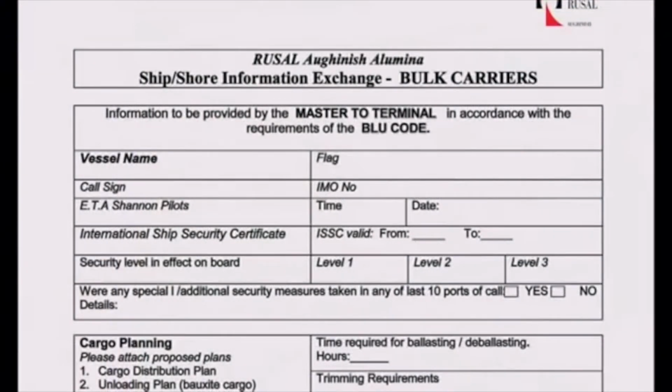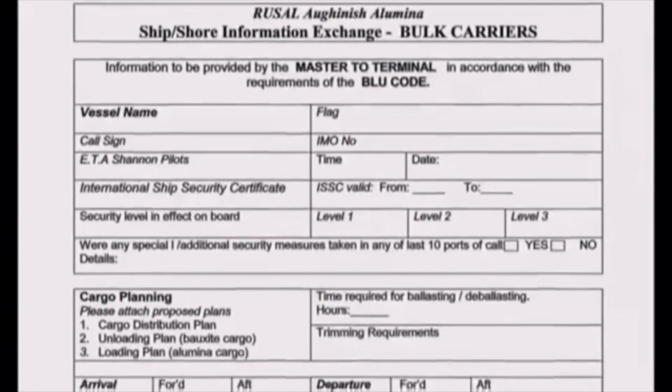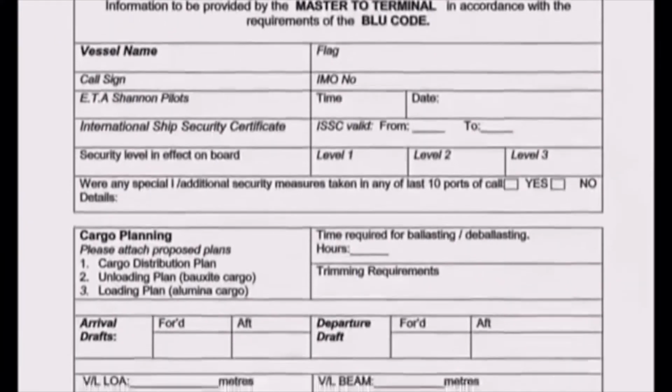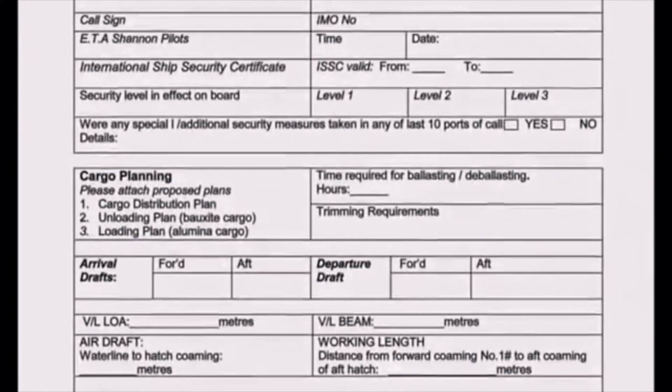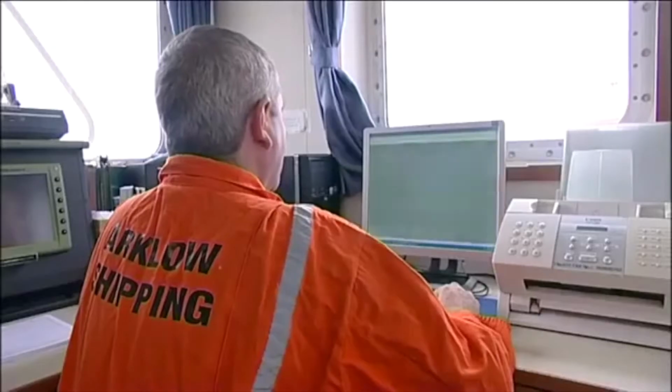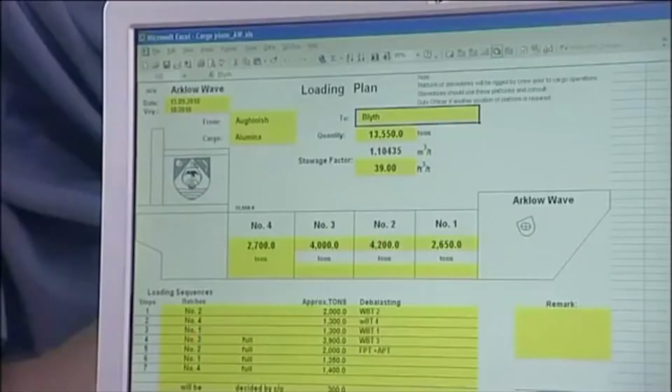As early as possible, the master should provide the ship's ETA and particulars, details of any ballasting or deballasting requirements, along with a preliminary loading or discharge plan. This plan should be prepared in a form such as that laid out in Appendix 2 of the Blue Code.